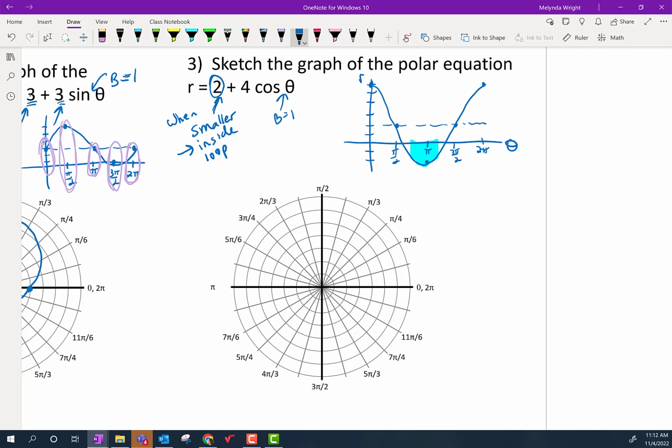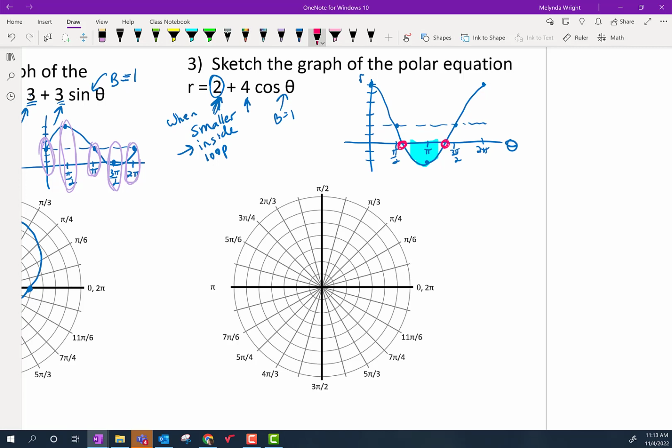I know that this number 2 is smaller than this, that was b, little b, and I see that it drops below. So these 2 points right here are when r is 0. So I'm going to be traveling through the origin at those 2 locations. So we're going to go kind of slow on this one.